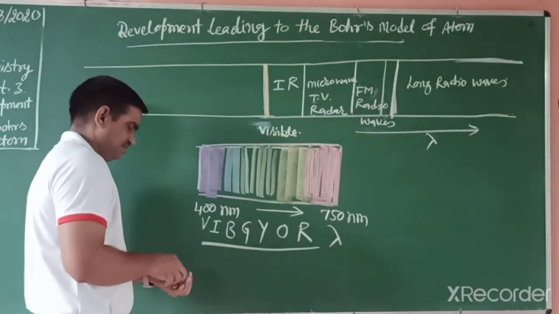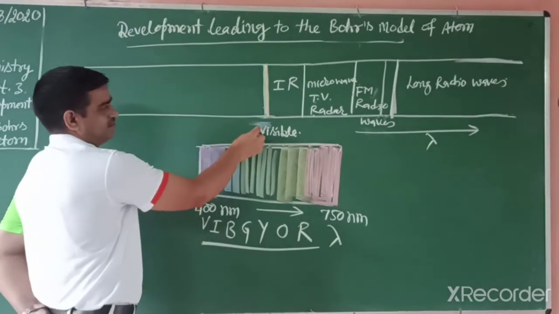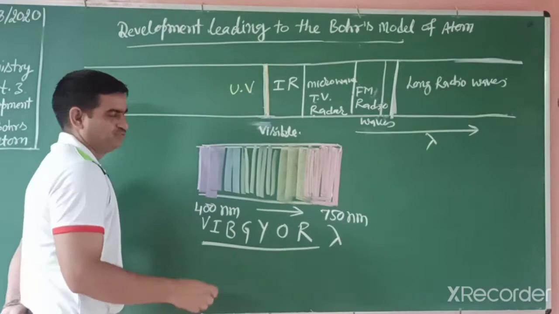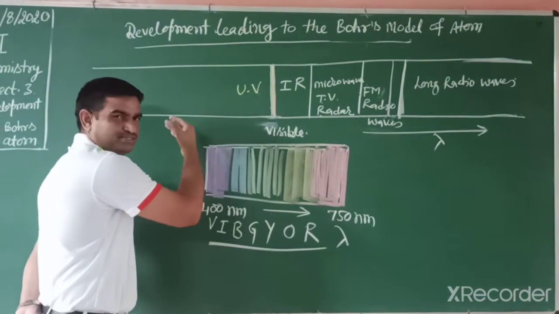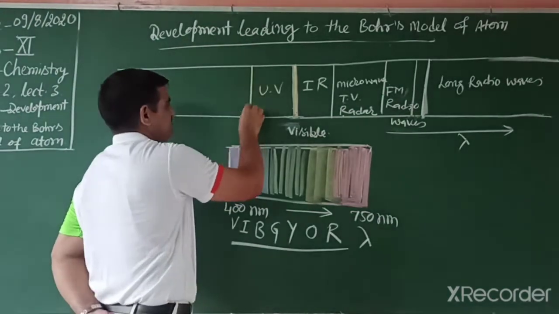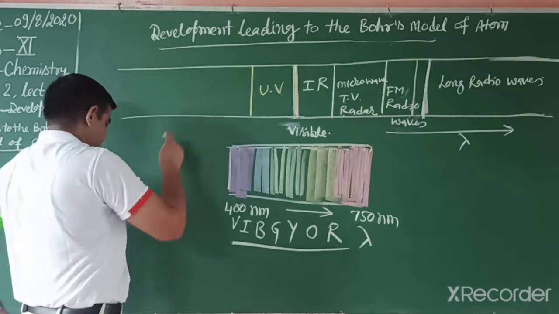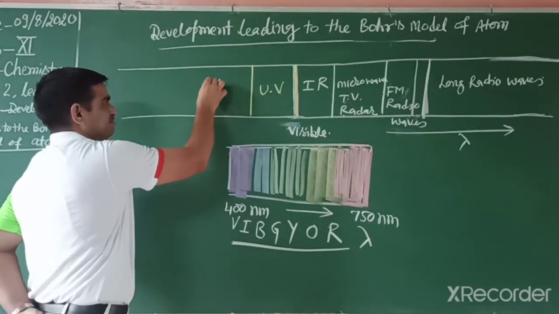And on the visible side, this side, how can we learn? Ultraviolet, UV. Students, how do you remember? This is the violet color. On the left side, violet, it is ultraviolet. After the ultraviolet, on this side you can find another ray, that is the X-ray.